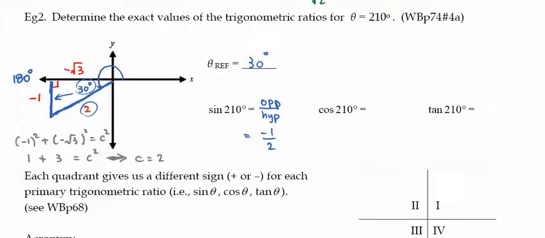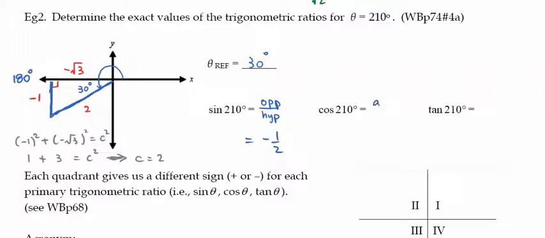So as you can see, once again, the sine ratio will be negative in this quadrant. Here, negative 1 over 2.